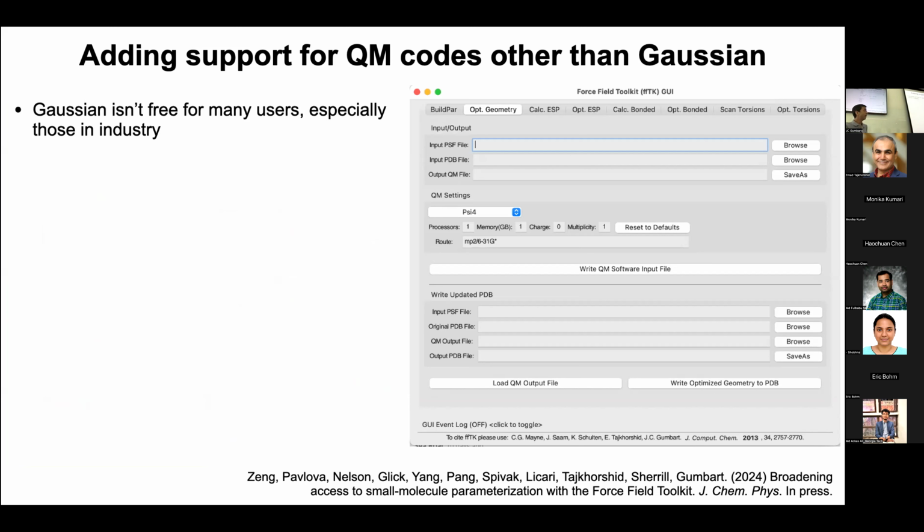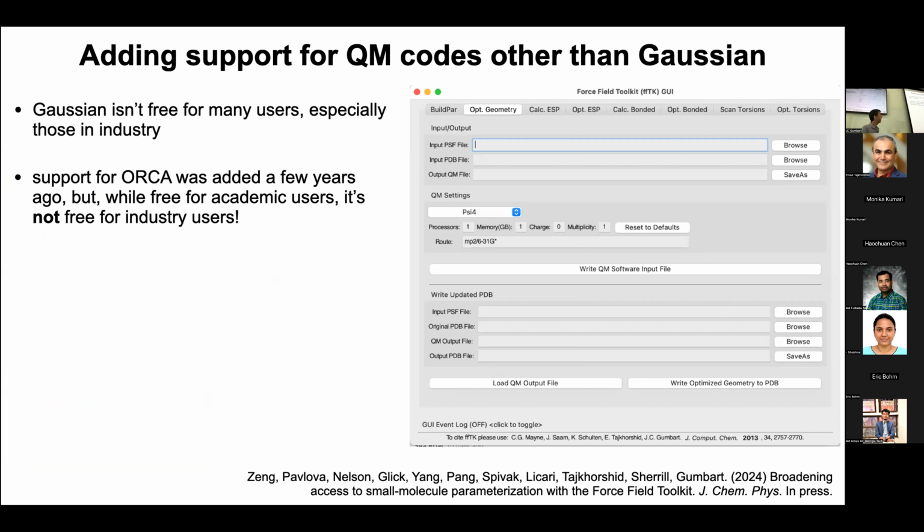Then a few years back, some people in Urbana added support for Orca, but it turns out Orca, while being free and easy to use for academics, is still not free for industry users. If we'd like people in pharmaceutical companies to adopt our tools, ideally we want to give them something that's free even for them.